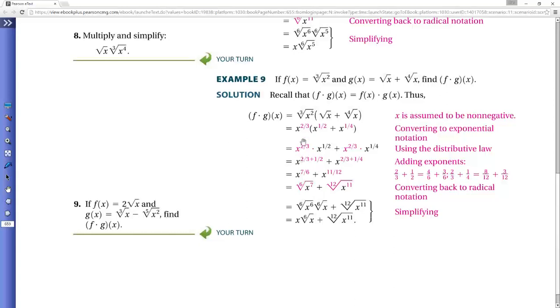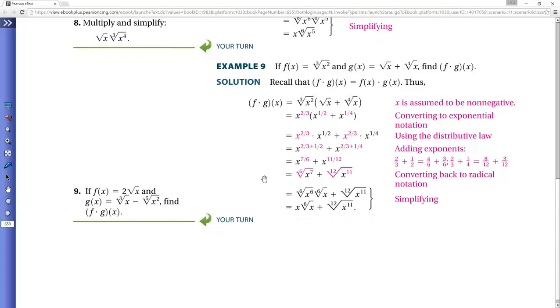When you distribute, you take this times each part of that addition, and so we end up with x to the 2/3 times x to the 1/2 power, which by our power rules we can just add those exponents, because the bases are the same. So we add those, we get 7/6, and 11/12.